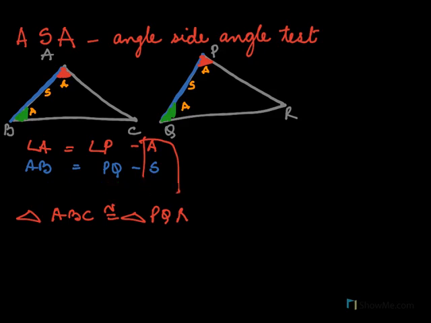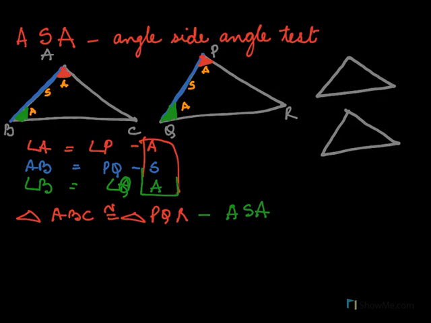It should be angle, right? So this should be, like we have noted there, angle B equal to angle Q, not A, this angle Q. So this is another angle that I have. So it is equal by the ASA test, two angles and one side.